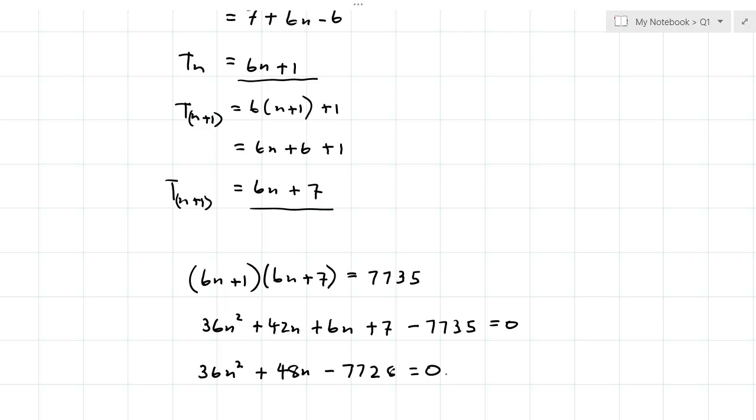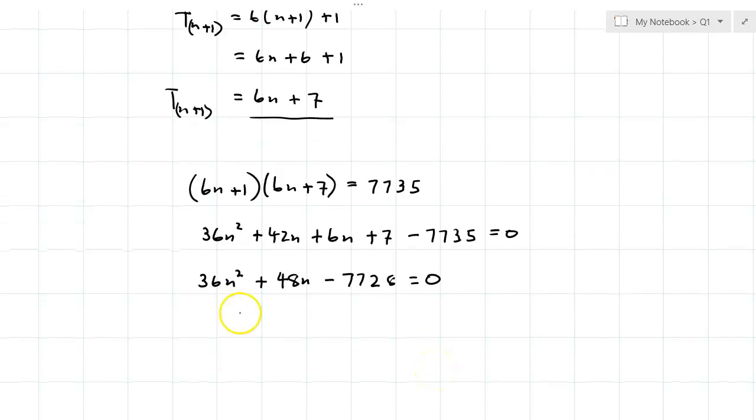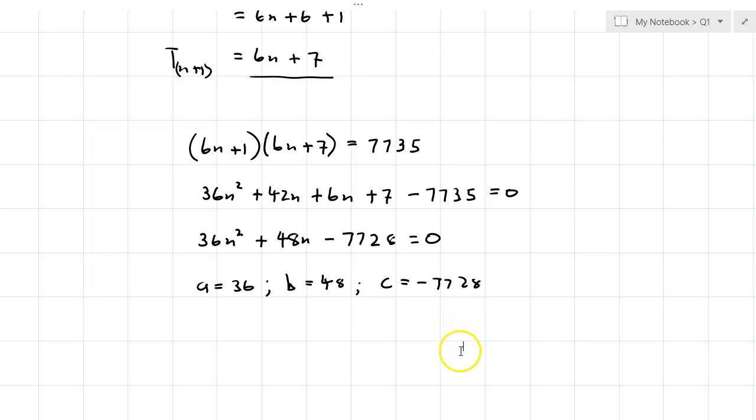Okay, so that's a standard form now. Because this is not your average quadratic trinomial to factorize, I'm going to use a formula. So A equals 36, B equals 48, C equals minus 7,728.